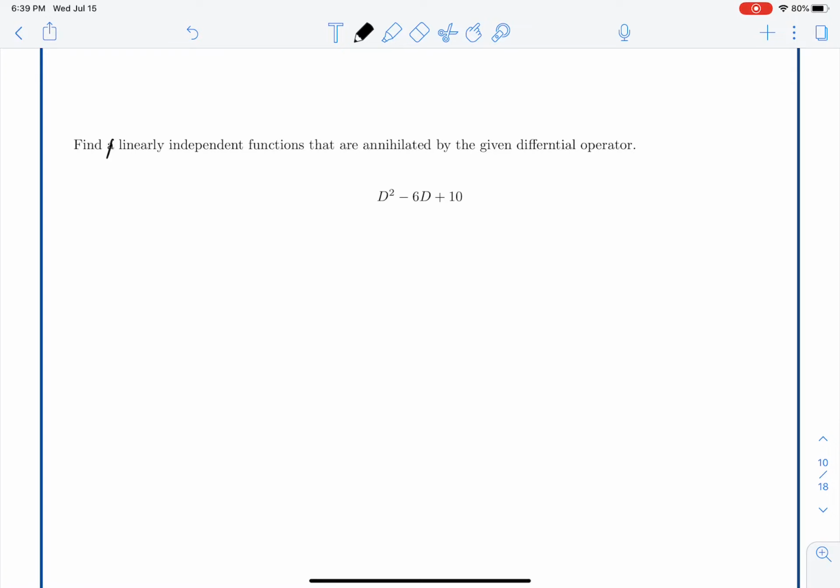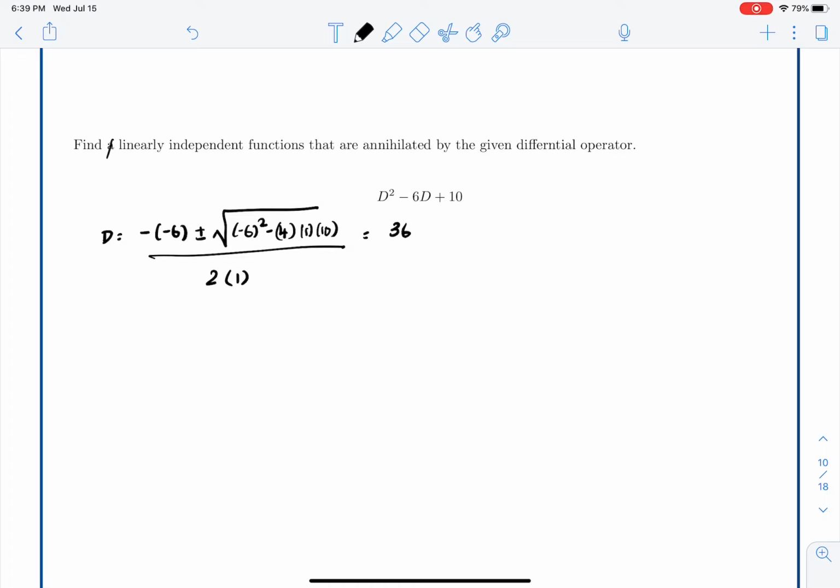minus 6d and 10. Well, it looks like, probably not. So if we write it as a quadratic function, we have minus b plus or minus the square root of b squared minus 4 times a times c, divided by 2 times a, which is 1.